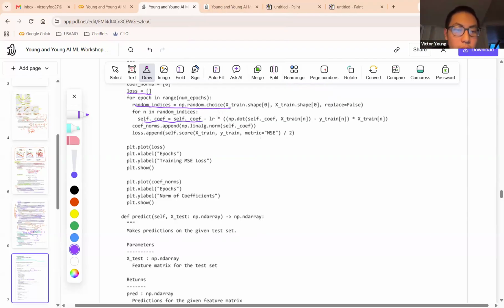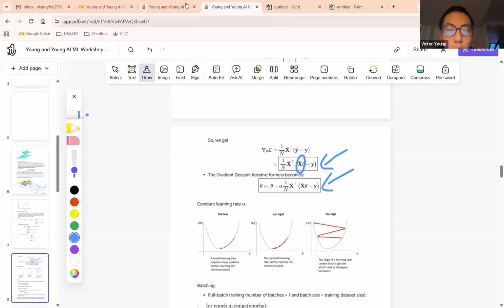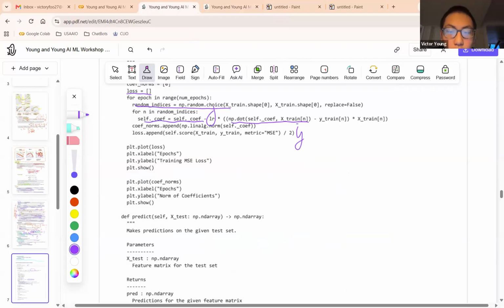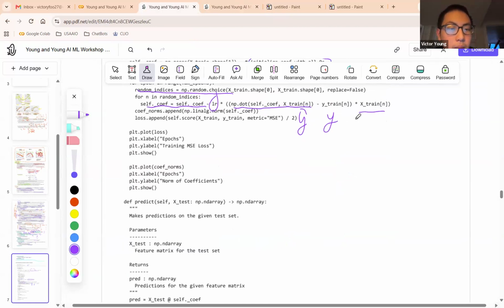Theta equals theta minus learning rate times the difference between the prediction and the real ground truth y, times the x. That's the formula. If you don't really understand this code notation, that's fine, but I'm just showing you that it is doing exactly what we derived last time.